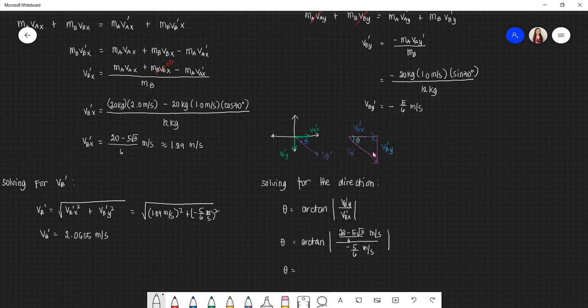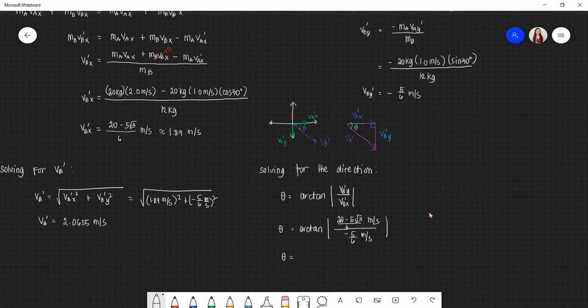So theta is equal to, using your calculator... I'm sorry, it's reversed. It should be negative 5 over 6 over (20 minus 5 square root of 3) over 6.